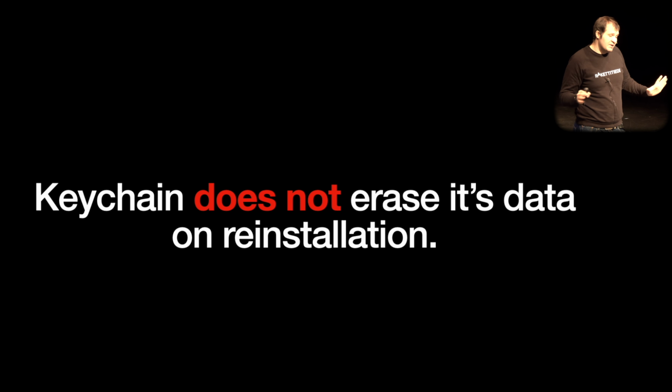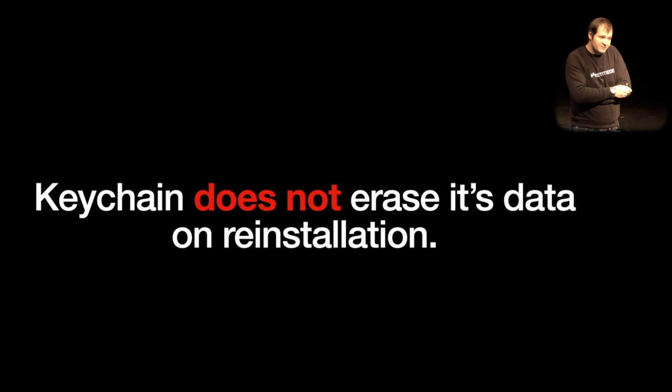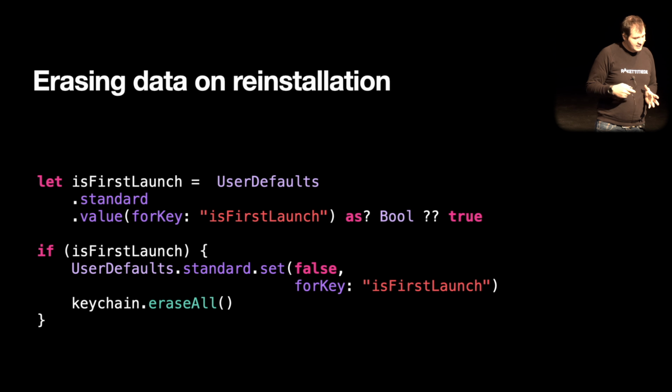For example, you might persist your login information on the relaunch of the app. The user just reinstalled the app, installs again, and he's not logged out. Usually what people use for this kind of pattern is to put some key in user defaults and then check if that key is present.